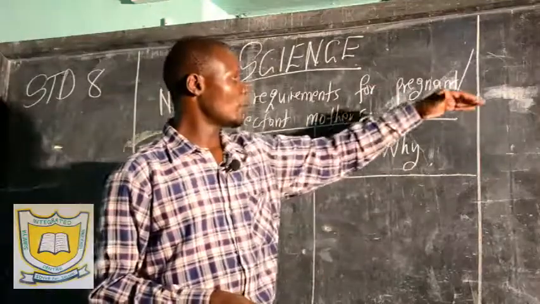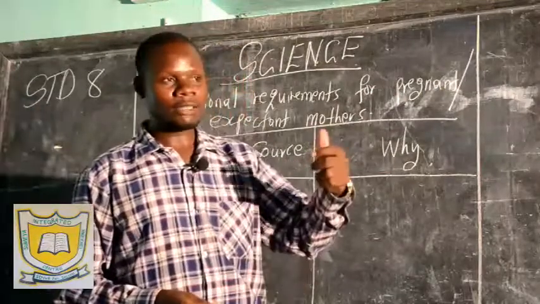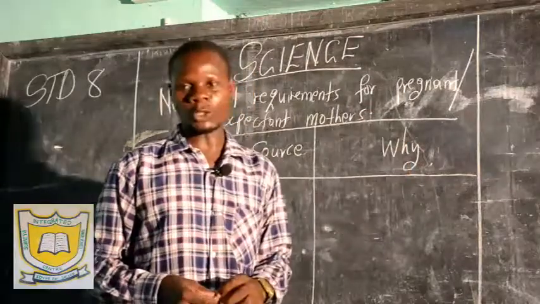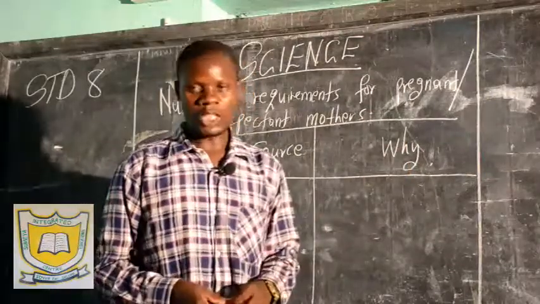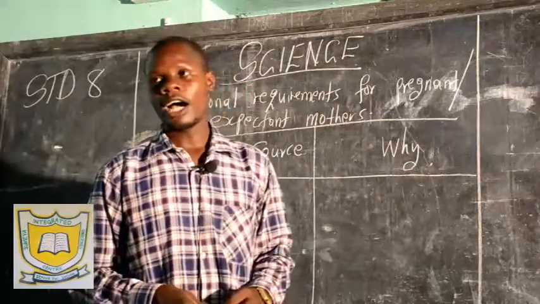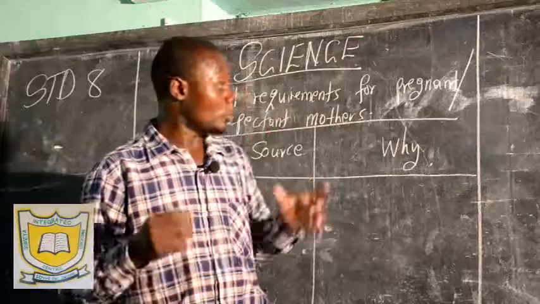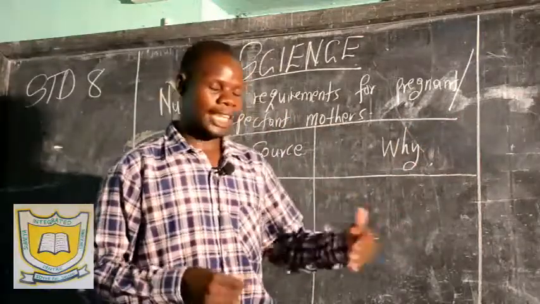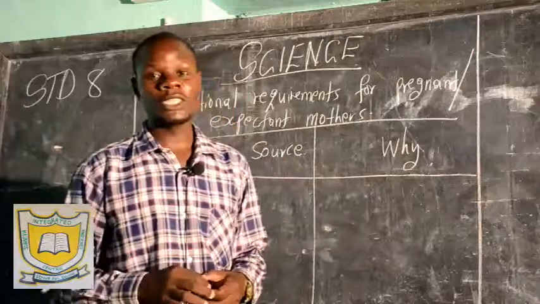After the zygote has been formed, it moves down to the uterus, where it implants itself on the uterine wall, undergoes cell division, and grows into the embryo. That is the first unit you covered.